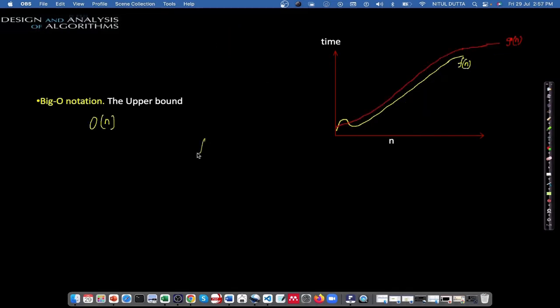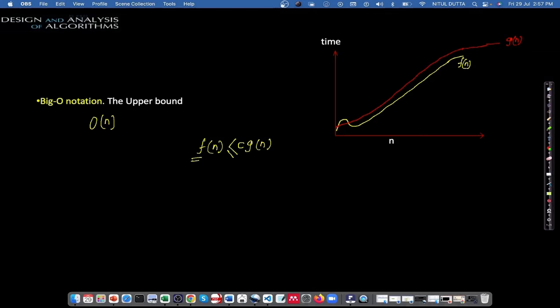If f(n) is the function that represents the time complexity of any algorithm, then we need to find a function g(n) such that if we multiply this g(n) by a certain constant value c, it always gives a value greater than or equal to the function f(n).